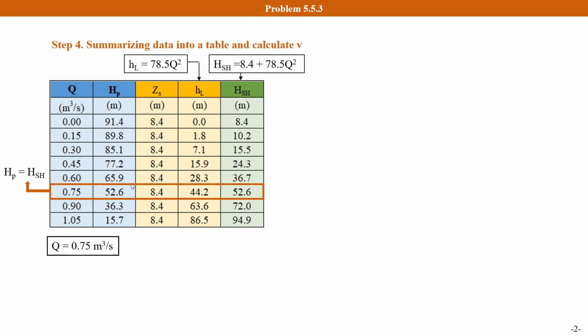In this table, we can find that when Q is equal to 0.75 cubic meters per second, the designed pump head is equal to the required energy provided by the system. This means that at 0.75, H sub P is equal to the system head. Therefore, the flow rate should equal 0.75 cubic meters per second.